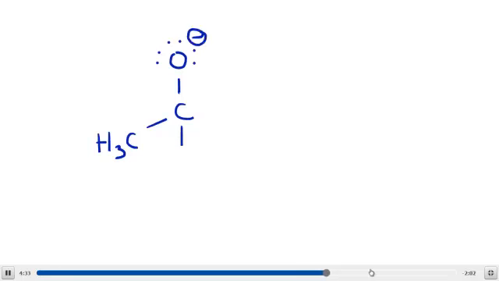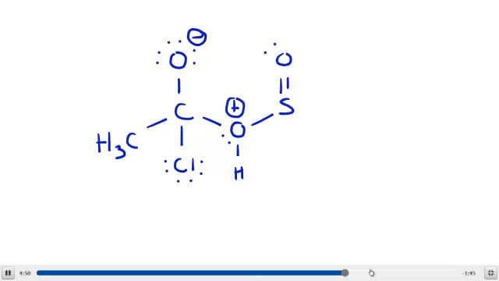Now at this point we're making a tetrahedral intermediate at the carbonyl carbon. So this is the intermediate we have at this moment in time.